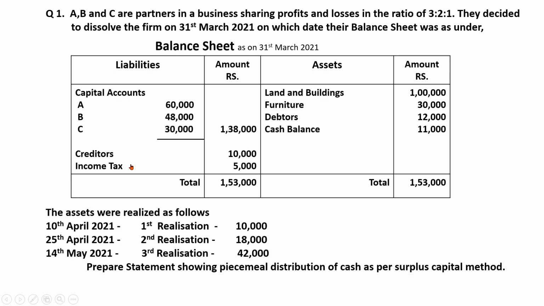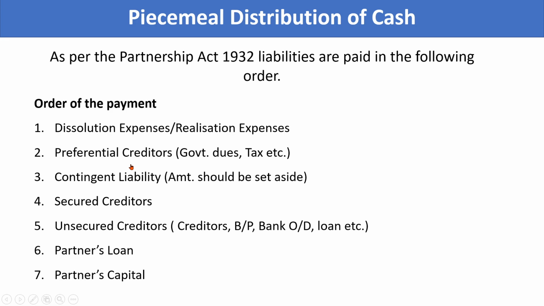For that I would like to show you the order of payment which is given in the Partnership Act 1932 itself. On the screen you can see the order of payment as per the Partnership Act 1932, where at the beginning we have to pay dissolution expenses or realization expenses. Then preferential creditors are paid. Preferential creditors include all government dues like all types of taxes and employee dues also.